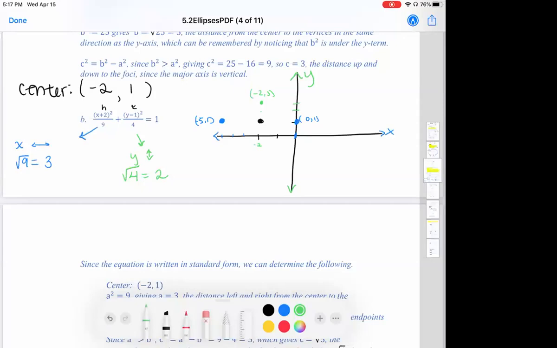And I'll go down 2. 1, 2. Just about here. So it gives me -2, comma -1. And therefore, from there, you can make your circle or your squished circle.